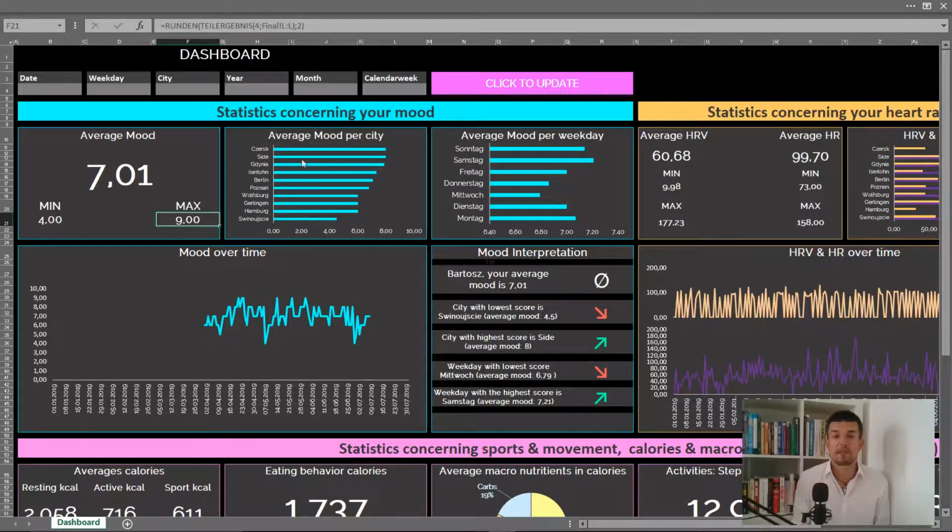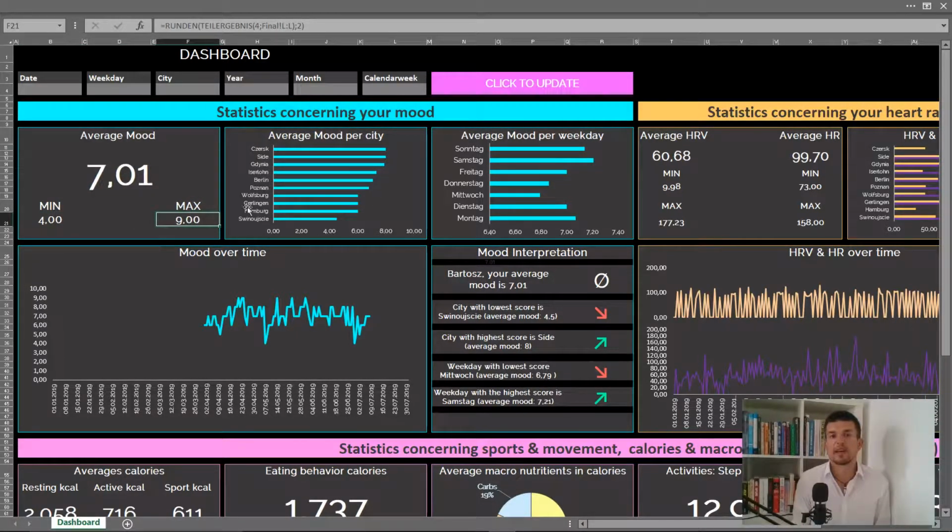Then I have average mood per city. So I aggregate the mood and filter it based on city. Then I have average mood based on weekdays. In this case, they are written in German, but this is changeable. And then I have a deeper level of mood over time, so to understand trends, for example. So I start at the highest level, to have a reference point, to have a min-max value.